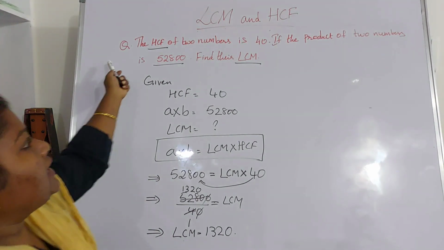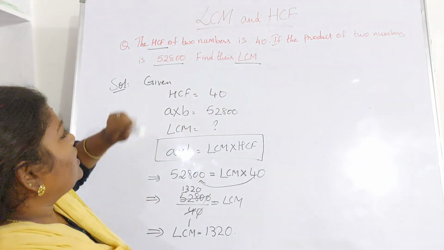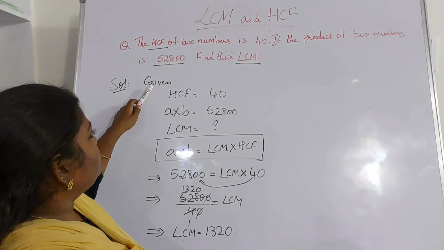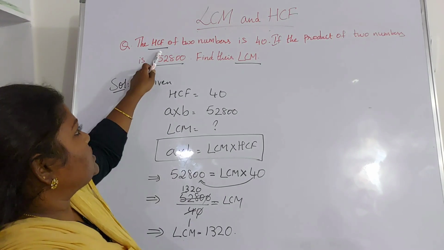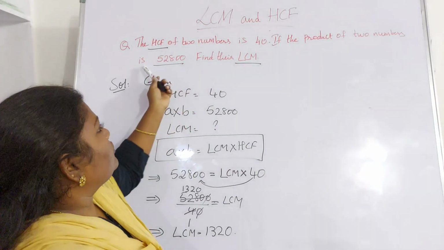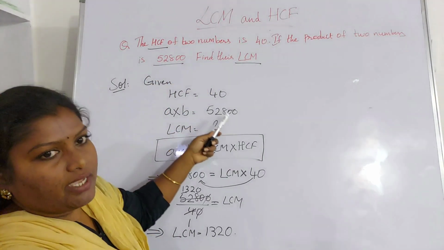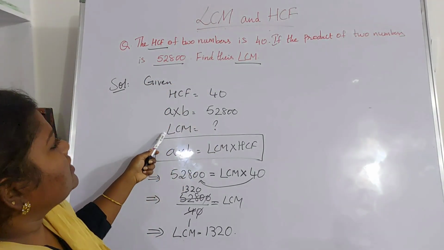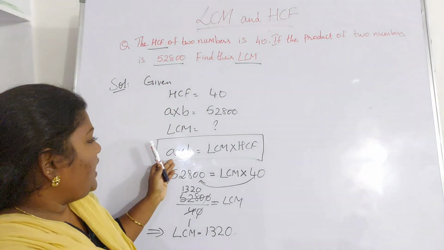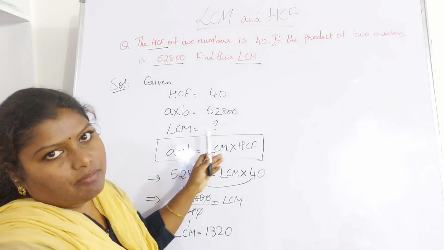After reading the question, you have to analyze what is given and what you have to find out. So here given is HCF of two numbers is 40, product of two numbers is 52,800, and LCM we need to find out. Now we have a formula, that is A into B is equal to LCM into HCF.